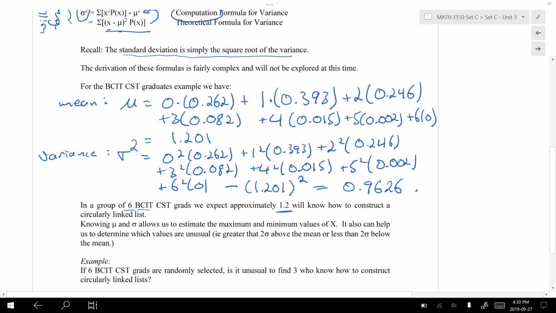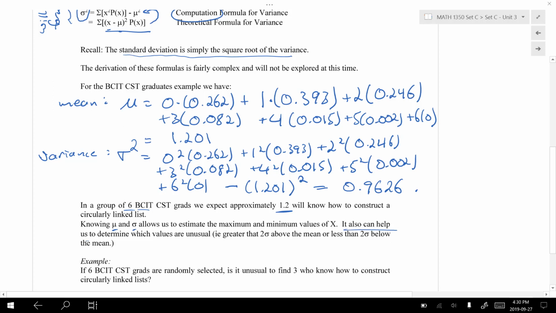And if we take the square root of that, then we can get the standard deviation. Now, having both the mu and the sigma, much like before when we were thinking about descriptive statistics, can tell us how to judge different outcomes, whether they are unusual or not unusual.